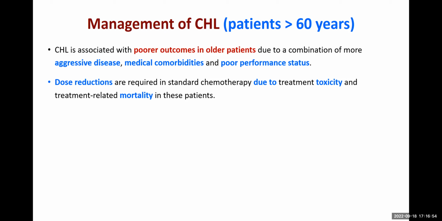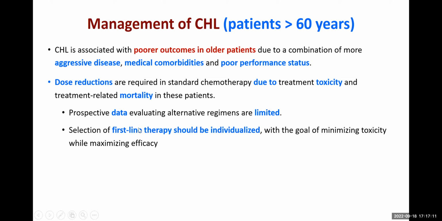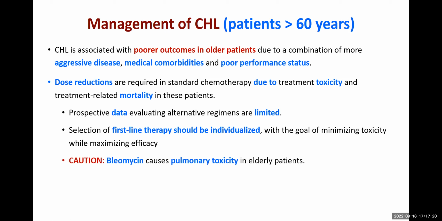So we have a problem in these patients, right? The outcomes are poor. The toxicities could be more than younger people. Their performance status is not good, and they have got many comorbidities or diseases, okay? So selection of first-line therapy should be individualized with goal of minimizing toxicity and maximizing efficacy.